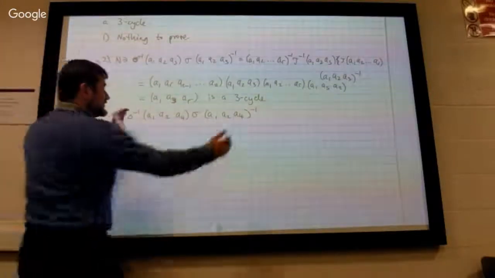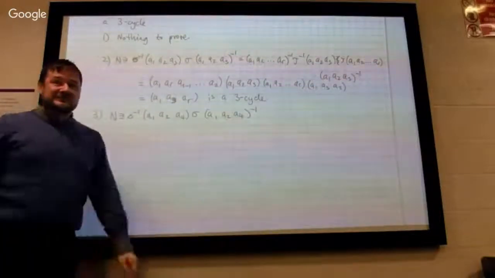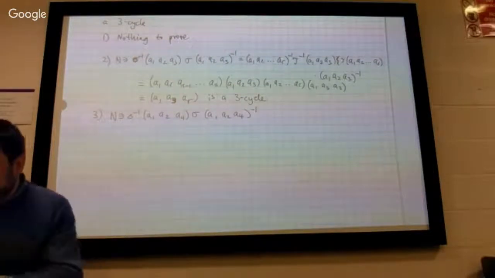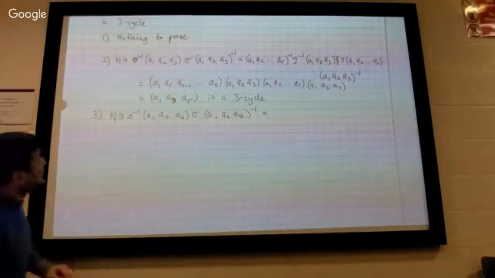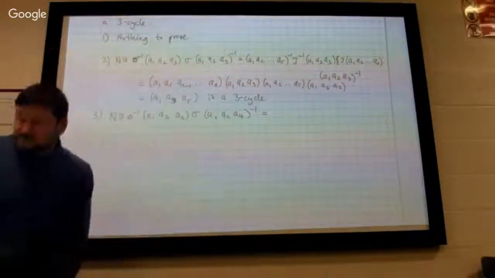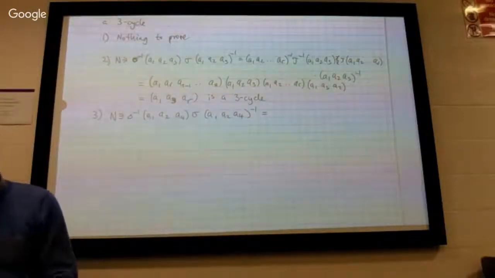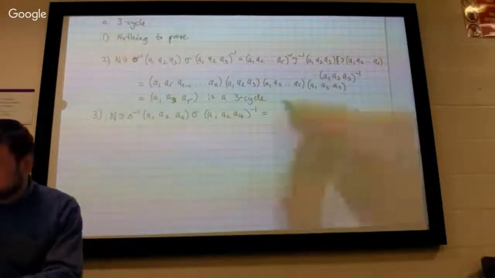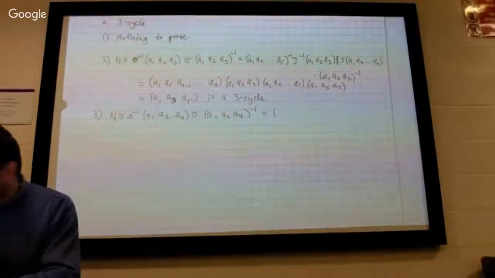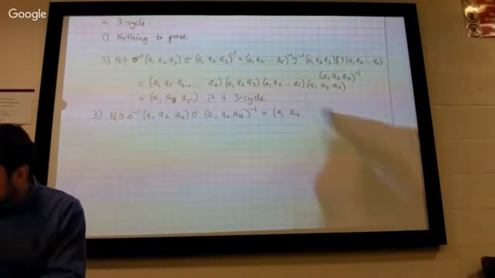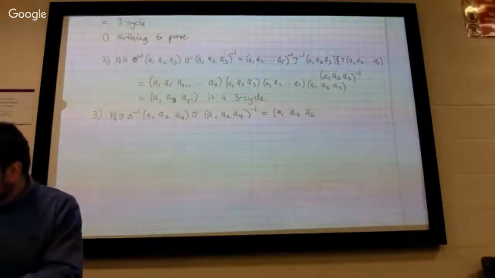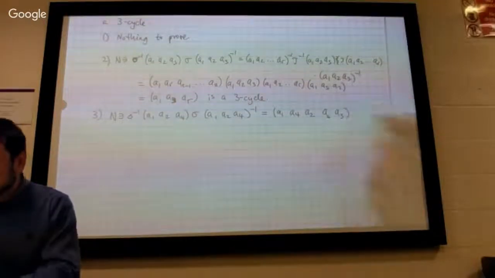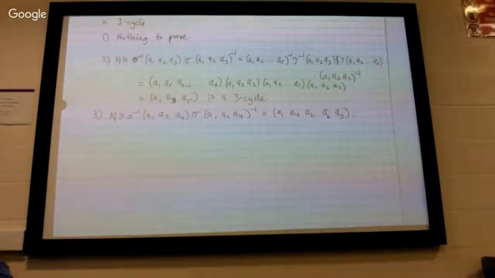So this is in the group, this is in the group, the product is in the subgroup. So N contains this, and now if you do a similar calculation like this one, guess what you get? You can't guess what you get. You get A1, A4, A2, A6, A3. Does that help?